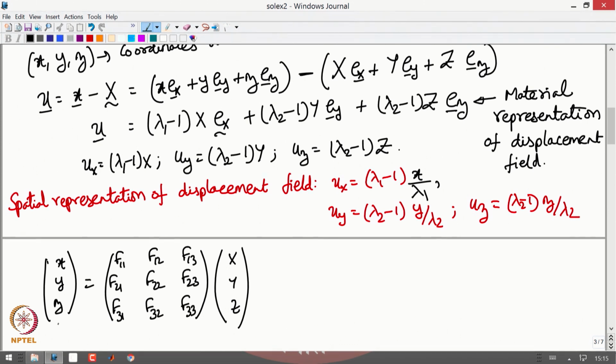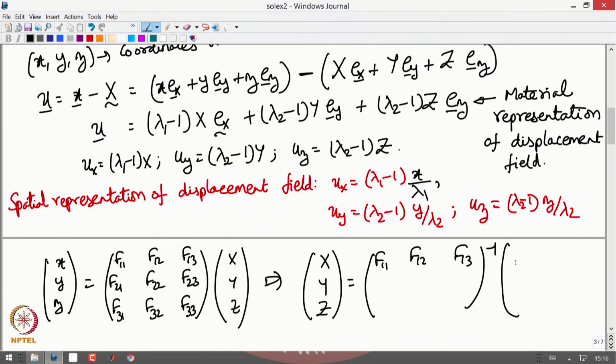If the current coordinates are related to the reference coordinates through this equation, then you can write capital X, capital Y, capital Z as the inverse of this matrix F times small x, small y, small z. In this manner you can find the relationship between capital X, capital Y, capital Z and small x, small y, small z.